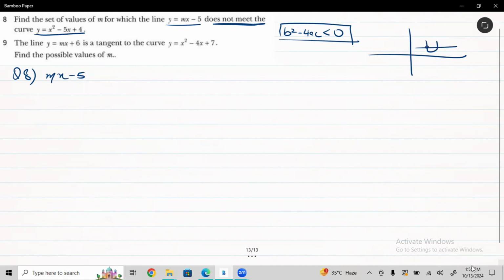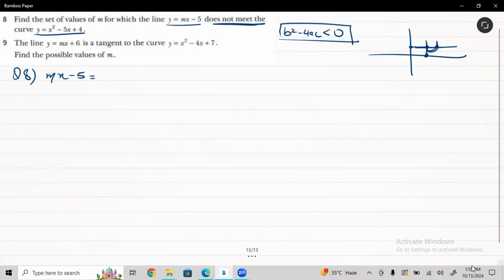So these 2 points are the intersection points. And the coordinates of these points are going to stay the same, whether we take the point from the equation of the straight line or from the equation of the curve. It's going to have the same x value and the same y value. So please do clarify that concept.